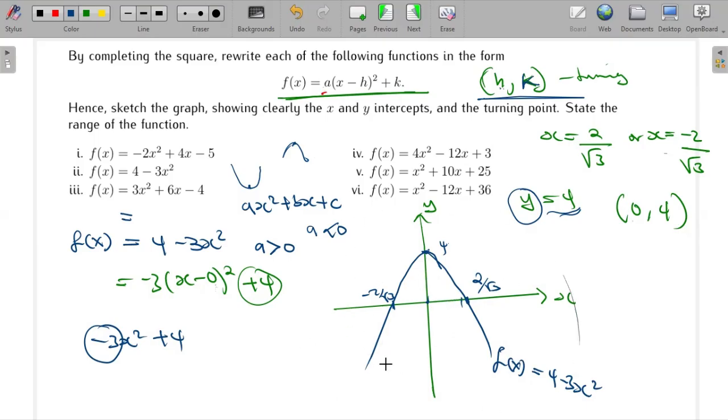Right, so any question? Okay, are we clear on how to sketch? Okay, so it's quiet.